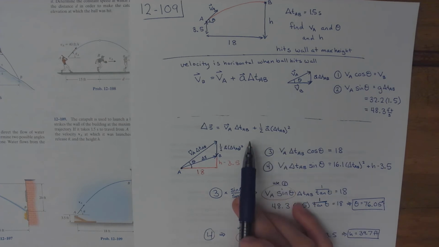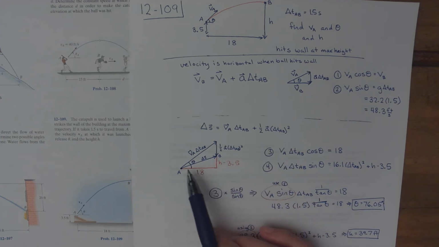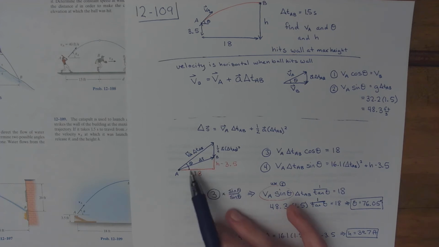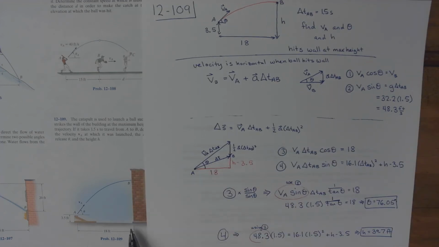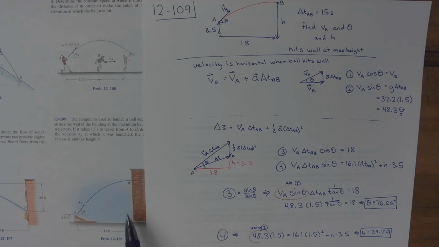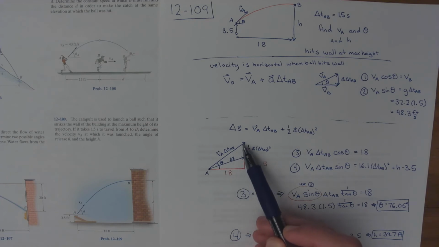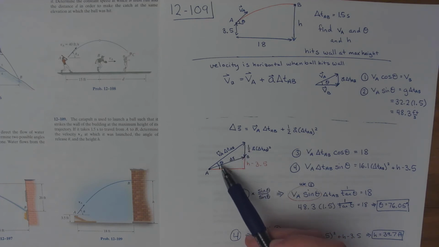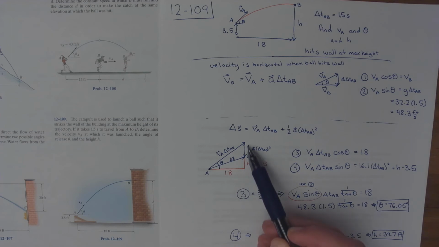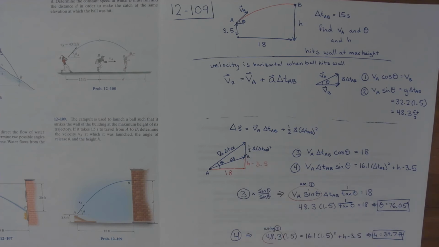Now we can go to the equation that we usually use for projectile motion, draw our vector diagram. We have delta s going from A to B. I know that the ball is going 18 feet in the horizontal direction, and it's going up a distance of h minus 3.5 feet. And then I have my initial velocity times delta t going off at an angle of theta from the horizontal, and my acceleration times 1/2 times delta t squared going straight down.